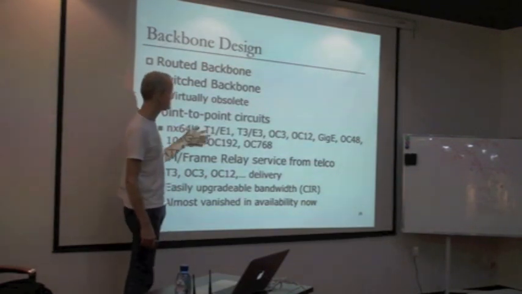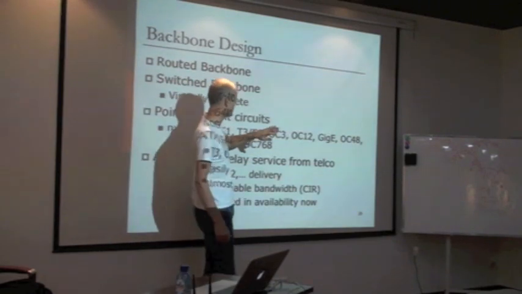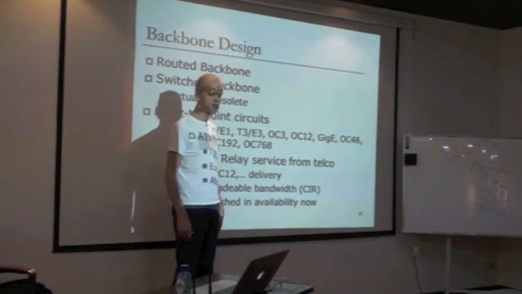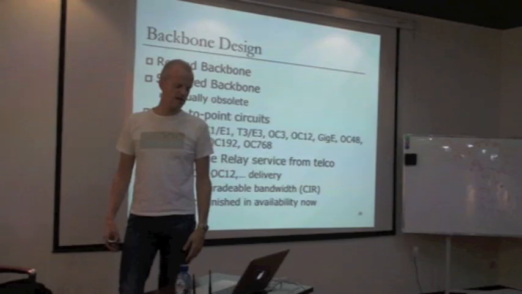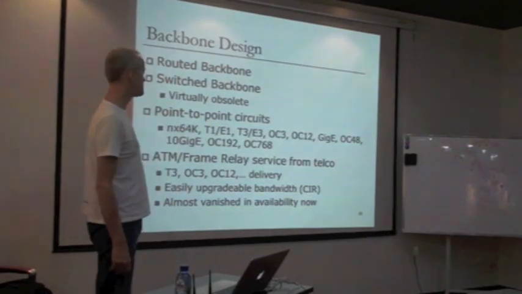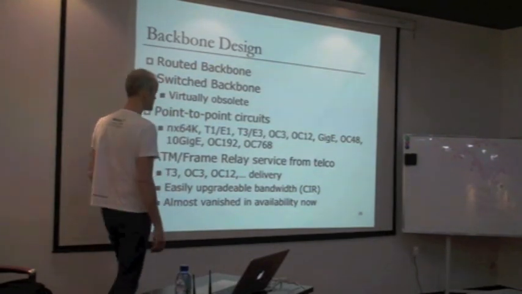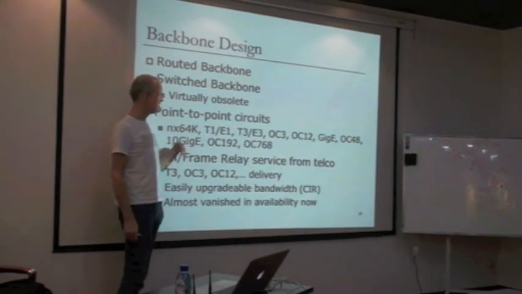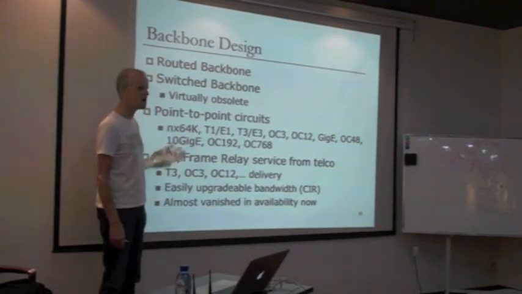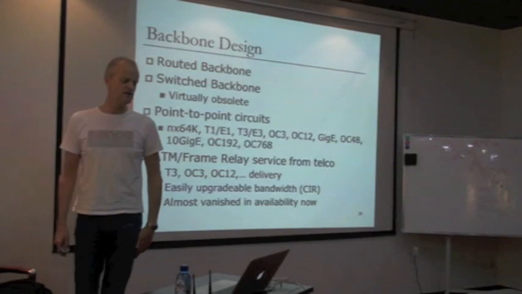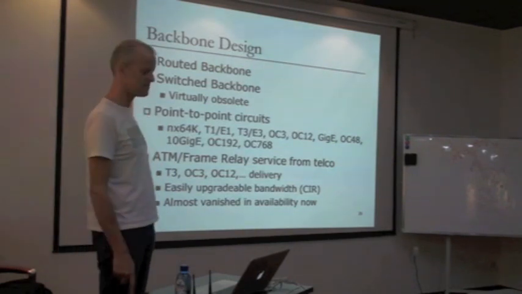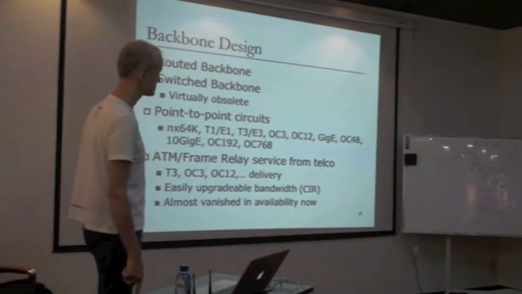It can be traditional TDM. We can go into optical connections, STM1, STM4. We're starting to see more people using Ethernet, so GigE, 10 GigE, OC768, even 100 gigabit Ethernet is now reasonably readily available for ISPs to connect.